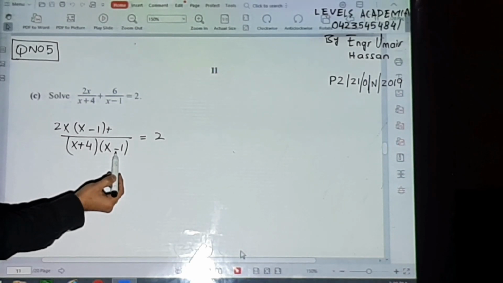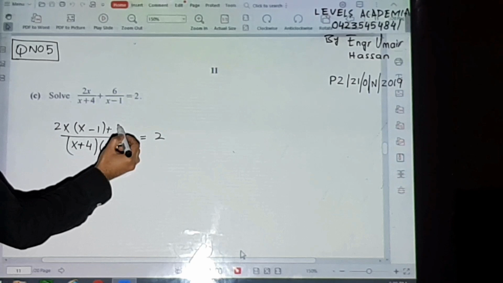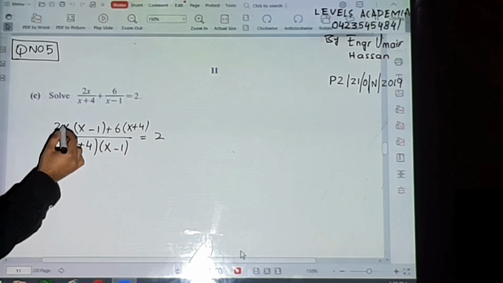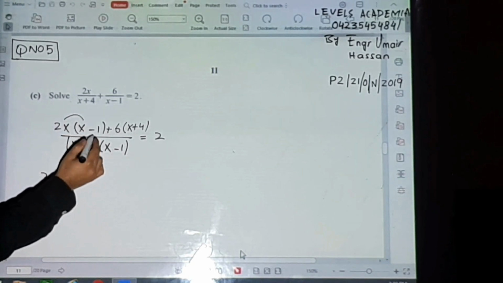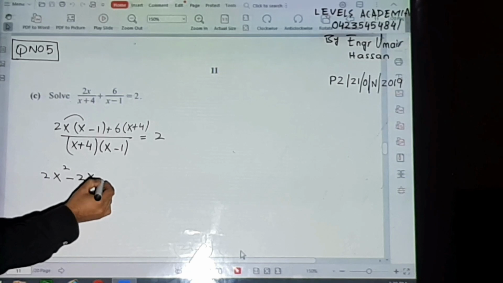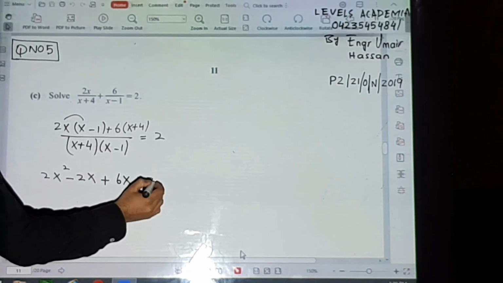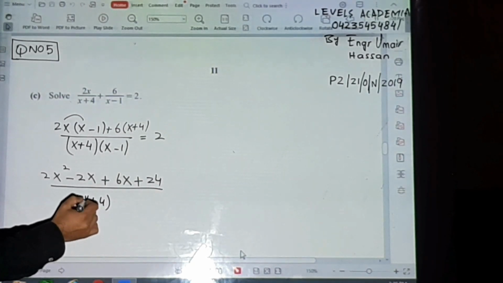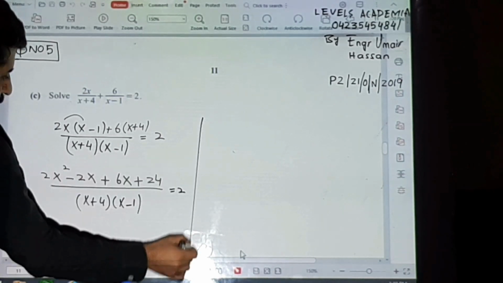x minus 1 now will be cancelled, x plus 4 will be left behind, x plus 4 will be multiplied with 6. So, 6 multiplied by x plus 4. So, 2x into x is 2x square, 2x into minus 1 is minus 2x, plus 6 into x is 6x and 6 into 4 is 24 over x plus 4 into x minus 1 equals 2.